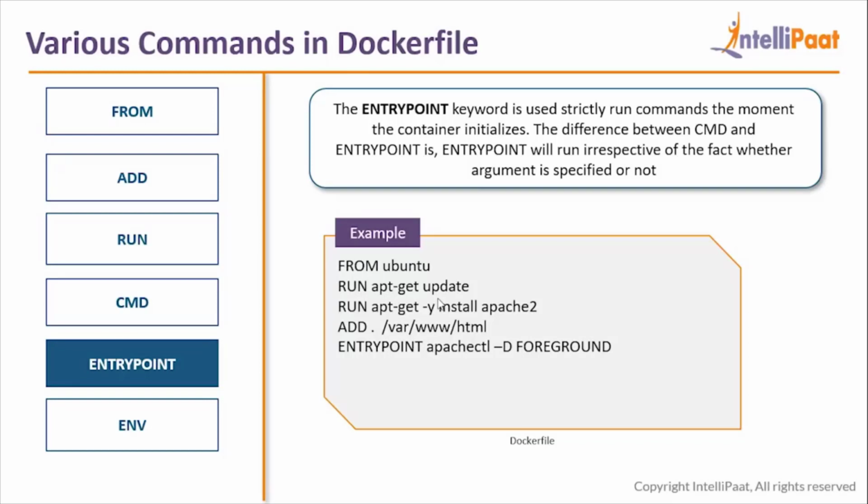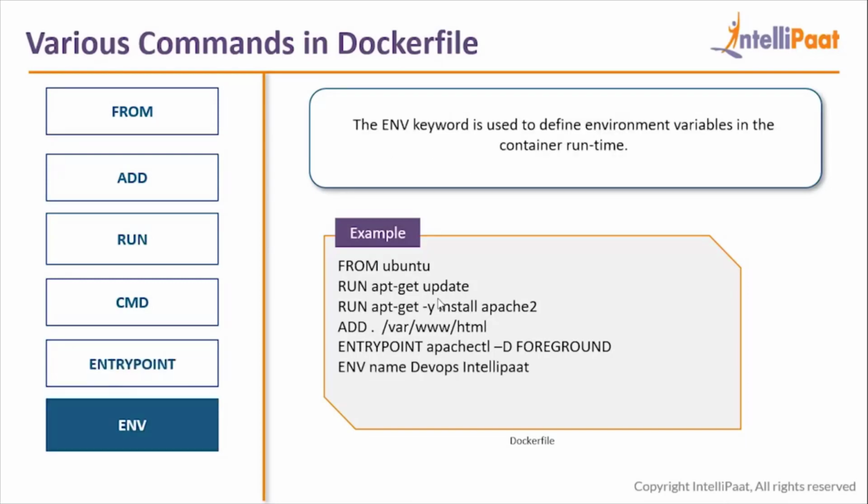So CMD and ENTRYPOINT can be used interchangeably, but if there are cases when you'll be running the container with an argument, it's better to use ENTRYPOINT so that the command does not get skipped. CMD will get skipped if you specify an argument after the docker run command. So in our case, we use apache ctl -D foreground with the ENTRYPOINT command.